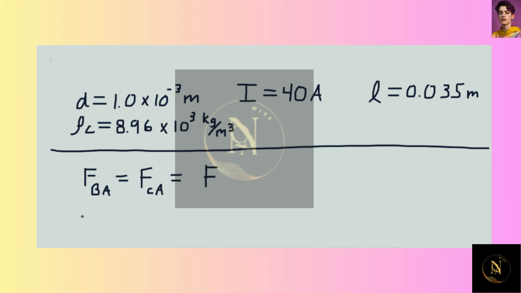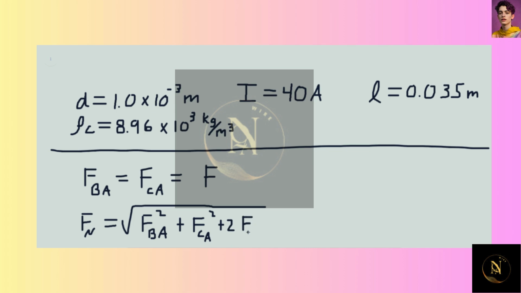Okay, and the net force here, we can call F sub n, is going to be equal to, using a Pythagorean type theorem, the square root of F of BA squared plus F of CA squared plus 2 times the dot product of FBA and FCA, which would simply be FBA times FCA multiplied by the cosine of the angle in between.